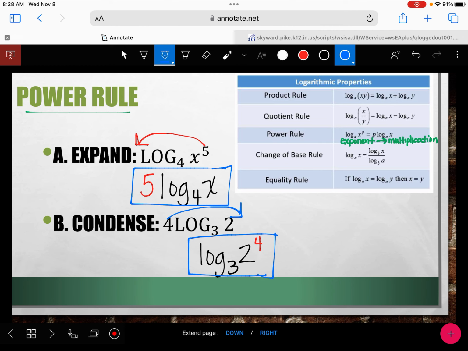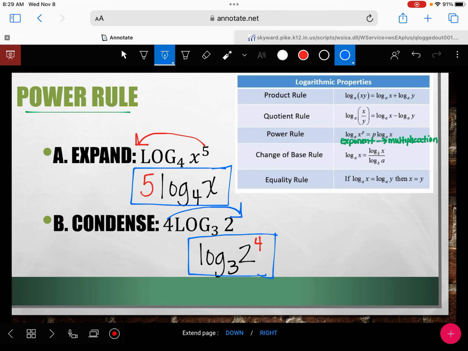All right, and our last property that we're going to go over is the change of base. So remember on Monday I said that most calculators only have 2 log keys, a log and a natural log.